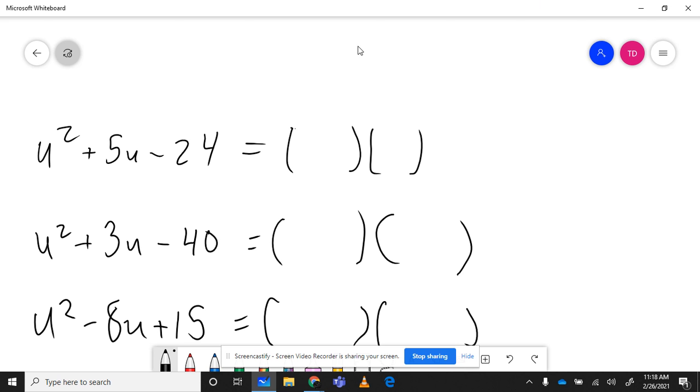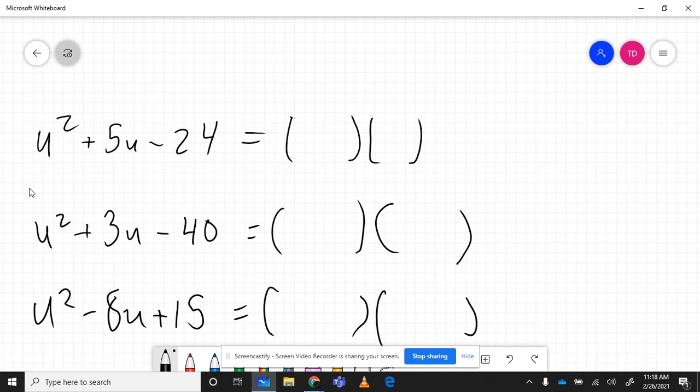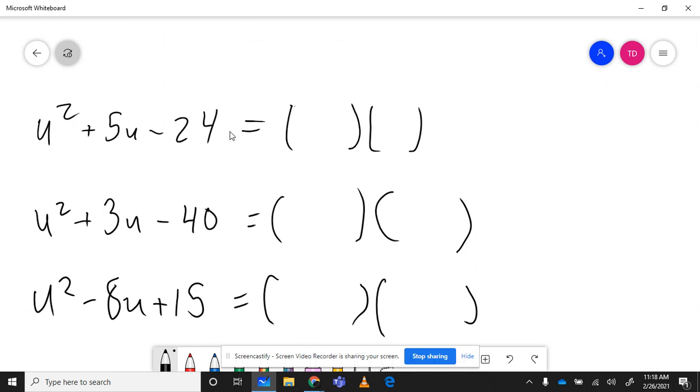Okay, luckily none of them have coefficients in the front, so that makes it a little easier. Just to remind you of the process, we're looking for two numbers that will multiply to give negative 24, that'll add up to give 5. So they need to be 5 apart, with one of them being more positive than the other.